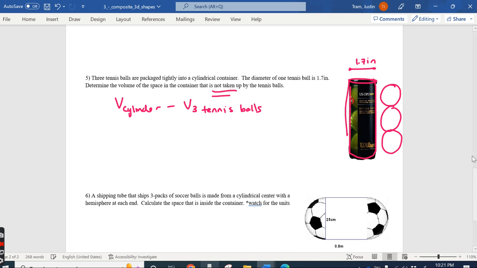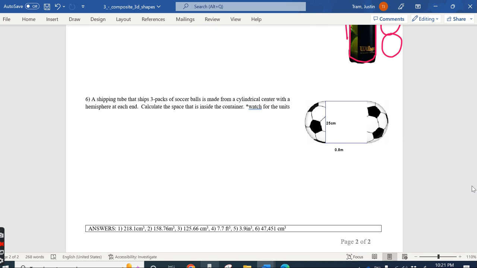Okay? And the last question, and I feel like I'm giving you way too many hints, but that's okay. So we've got a shipping tube that ships 3 packs of soccer balls and is made from a cylindrical center with the hemisphere at each end. Calculate the space that is inside the container. So we're looking at the space that's inside here. Hemisphere, so half sphere on each end.